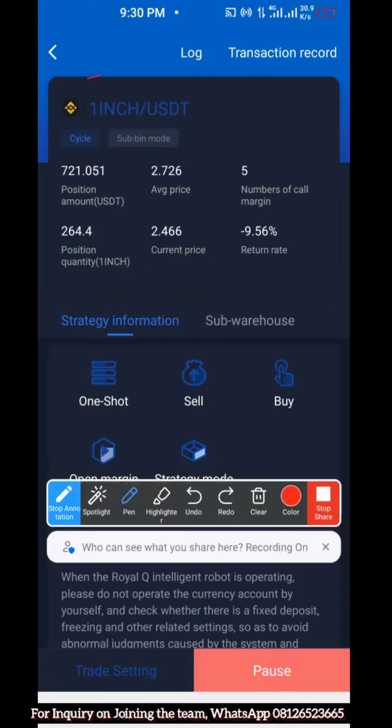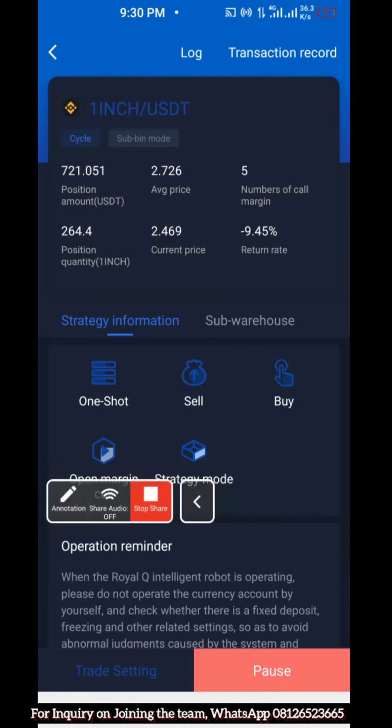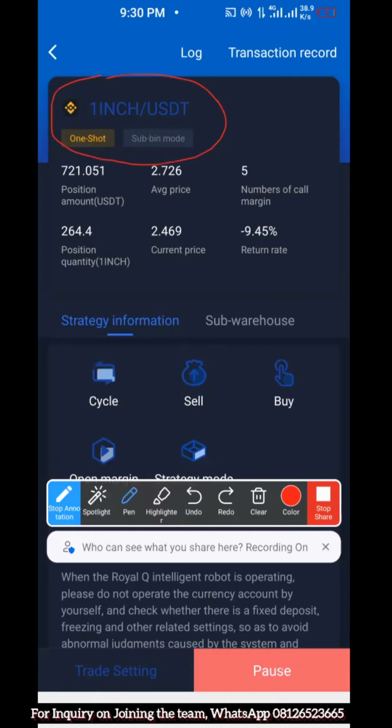I want you to look at this dashboard. Now, if I click on one shot, did you just see what happened? It changed from cycle to one shot. So it's going to take profit of 1.1 once. After that, it's not going to open any trade again.